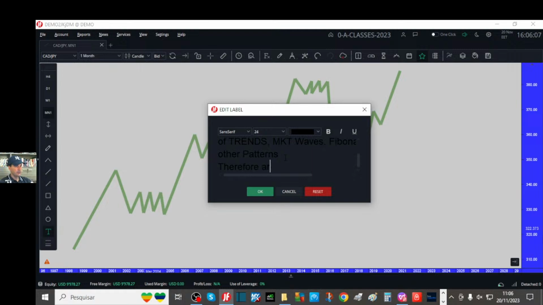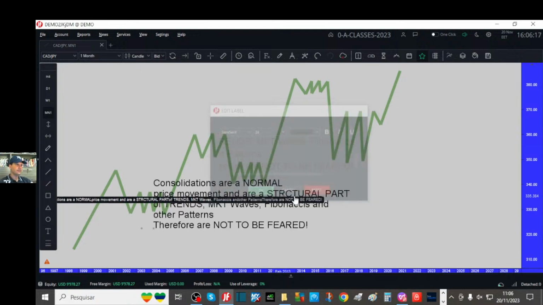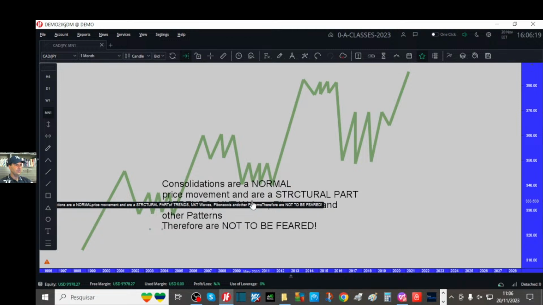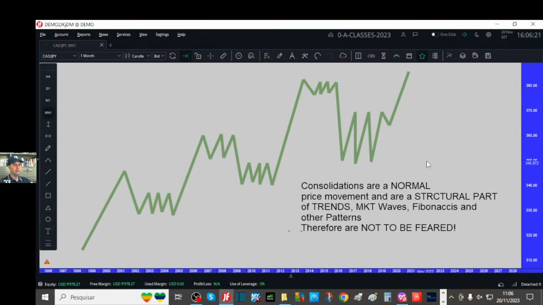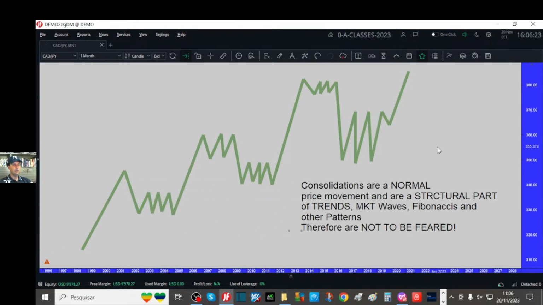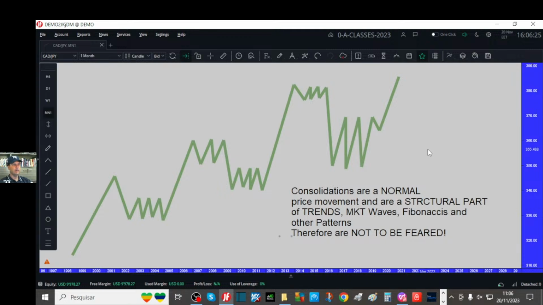Therefore they are not to be feared. Alright, everybody? Consolidations are normal price movement and are a structural part of trends, market wave, Fibonacci's, and other patterns, therefore not to be feared.